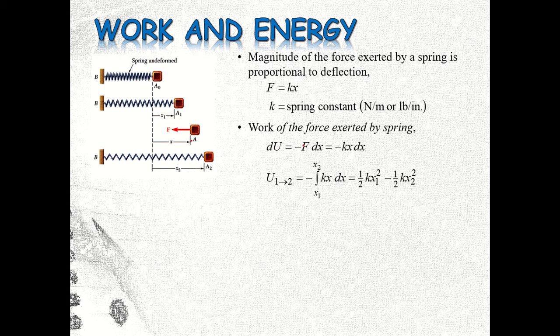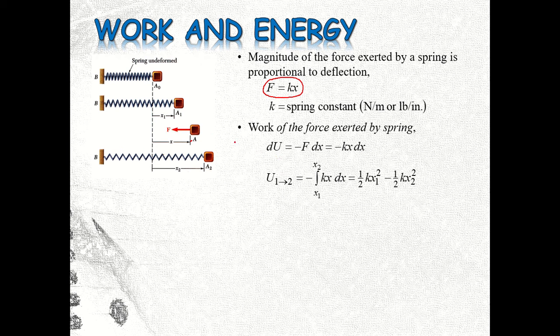equal to negative F dx, where F, as defined here, is equal to the product of the spring constant and the displacement x. So instead of F, we substitute here, and we have negative kx dx.